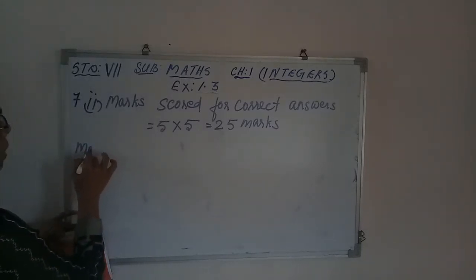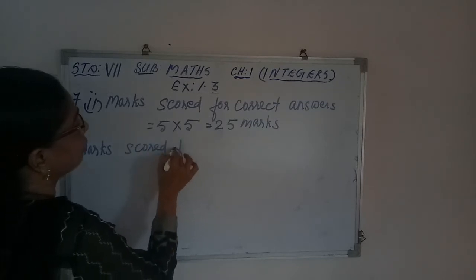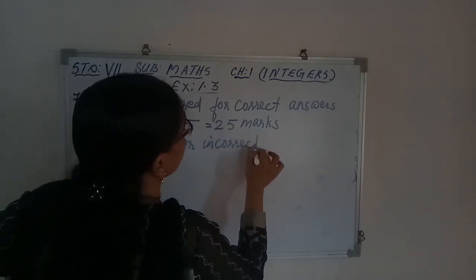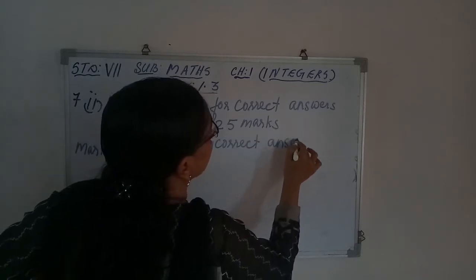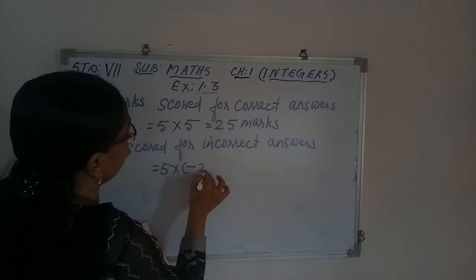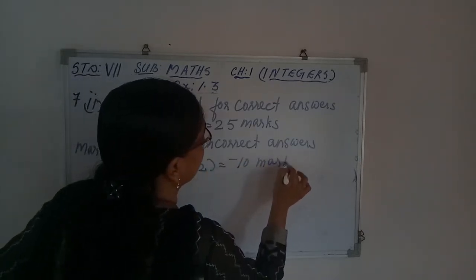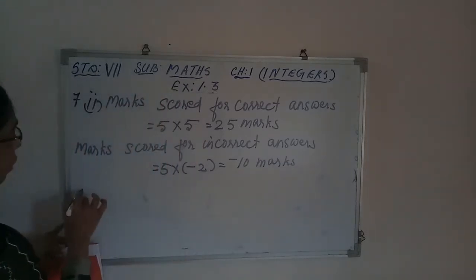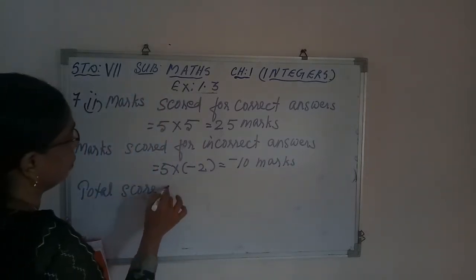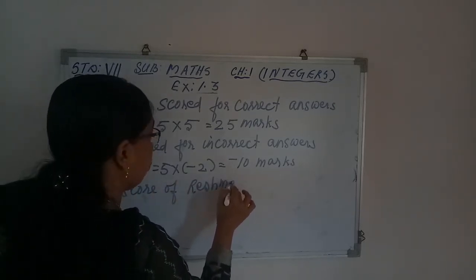Then marks scored for incorrect answers. 5 into -2, that's equal to -10 marks. Then we can write total score of Reshma.